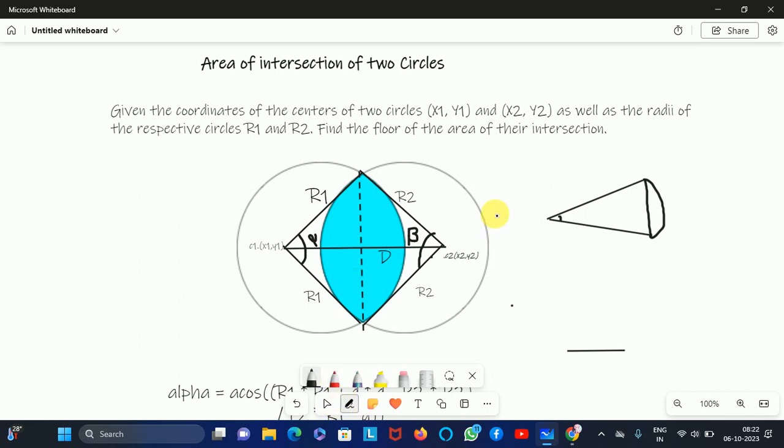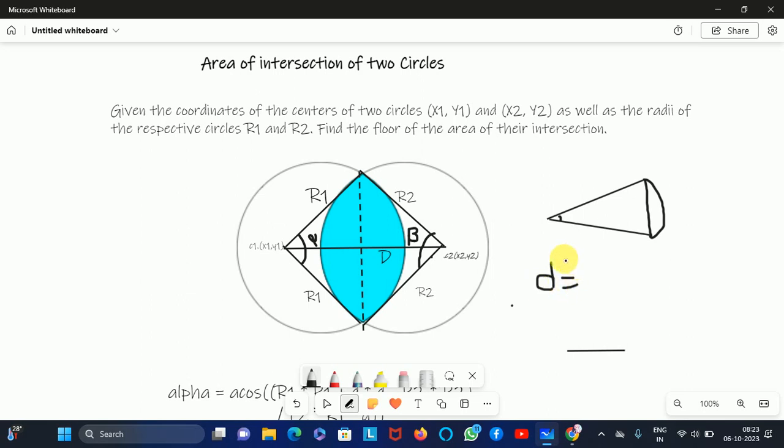So what approach will we be following? For solving this, the first step is to find the distance between c1 and c2. We will simply use the Euclidean distance formula.